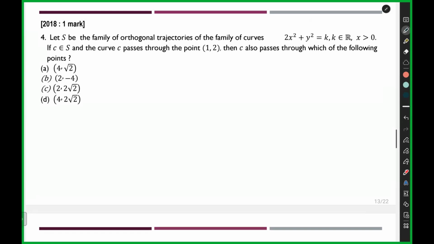Now we go for the next question. I am not solving this question; you have to solve it and tell me what the orthogonal trajectory is for the given curve.